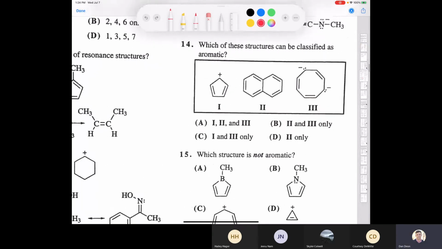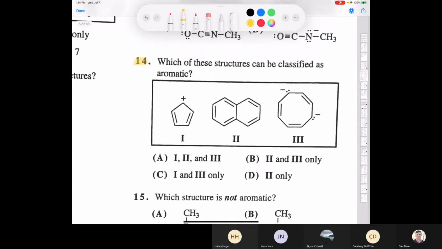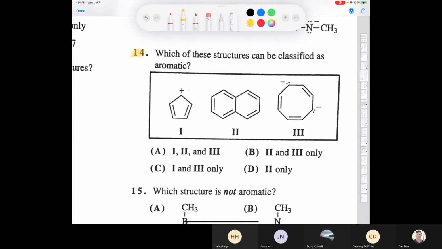Question number 14 is definitely doable. Could anybody tell me which one of these structures would be considered aromatic, if any? Well, number 1 is definitely going to be not aromatic, right?